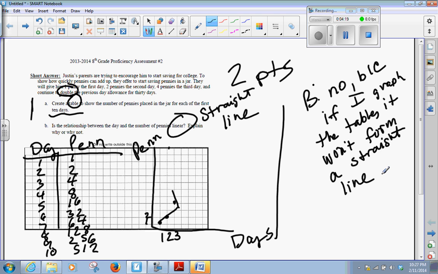So that's one thing I could have said for part B. I could start graphing my days and my number of pennies, and I would see just after doing the first 3 days that it's not going to be linear. So that's one thing I could have said.